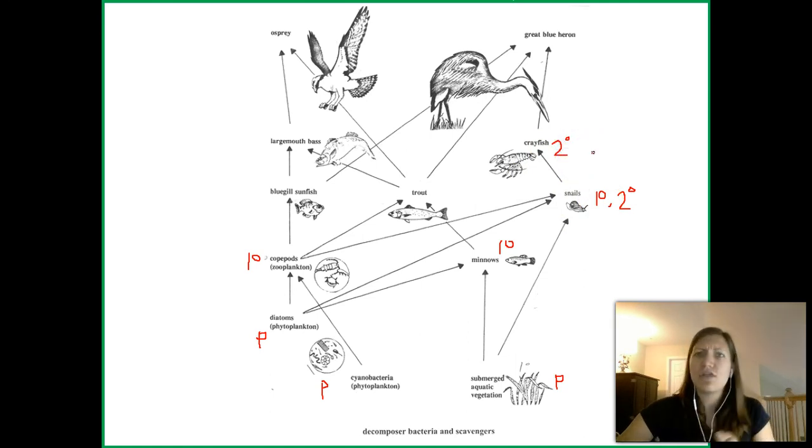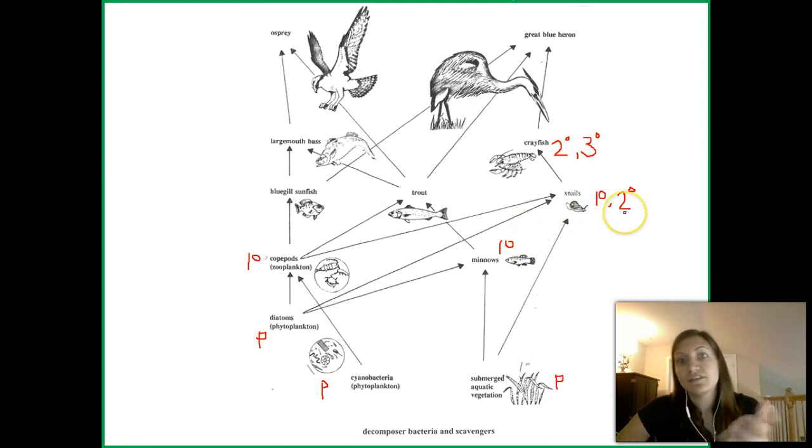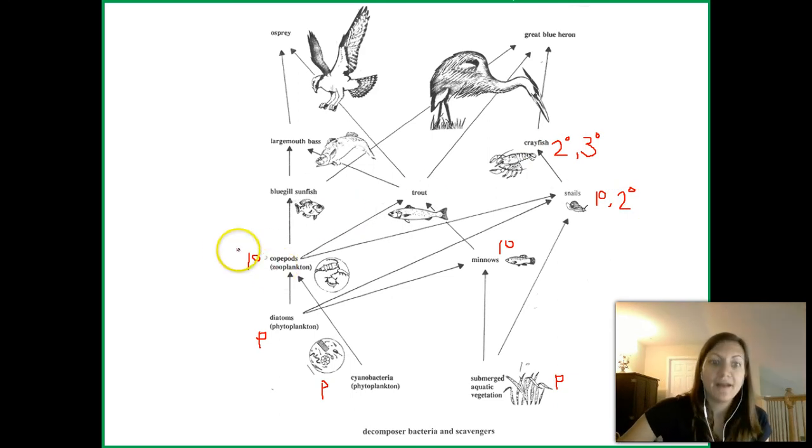So kind of to show you that food chain, it would be crayfish are eating snails, which are eating the submerged aquatic vegetation. But crayfish could also act as a tertiary consumer, because sometimes they eat snails, which is sometimes a secondary consumer. So that food chain would look like the crayfish is eating a snail, which is eating a copepod, which is eating diatoms.